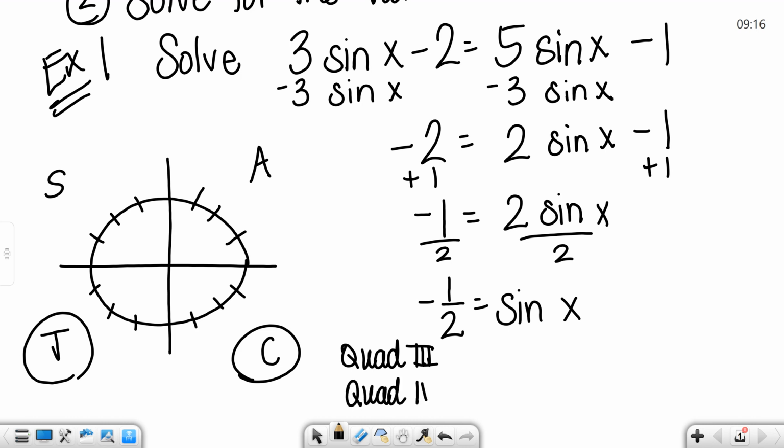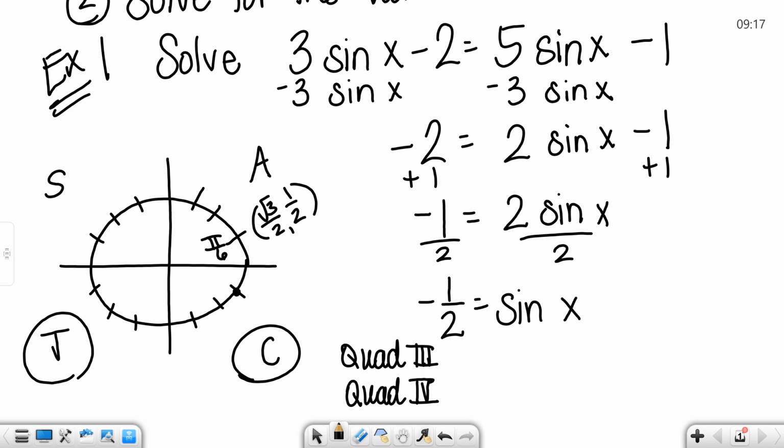I know I'm going to give those 2 values, and then I'll worry about the plus 2 pi n. All right, so in quadrant 3, here's the way I think myself through this. I know at pi over 6, which would be right here, the ordered pair is square root of 3 over 2, 1/2, which means I have a y value of a positive 1/2.